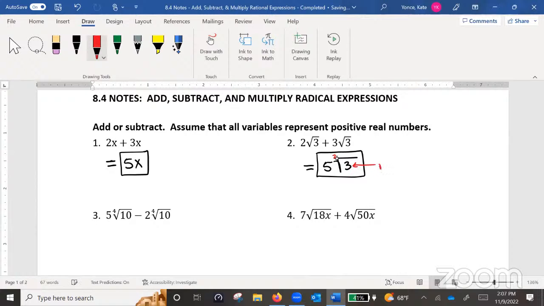The 3 is called the radicand. And also the whole square root of 3 is the irrational part, because if you put that in your calculator, it goes on forever. It's a decimal that goes on forever. And the 5 on the outside is the rational part. We can also just call it the coefficient.